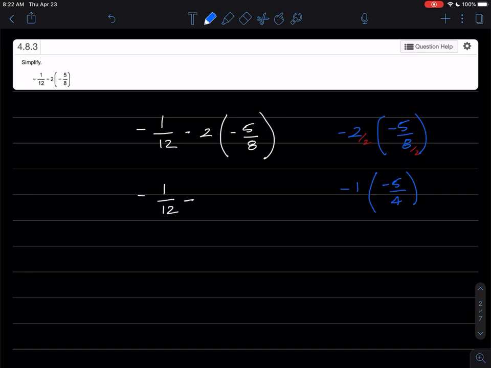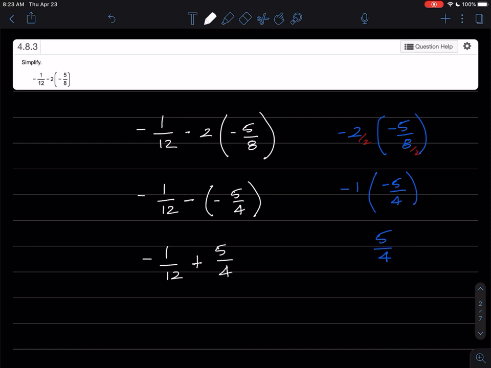Well, the two negatives will give me a positive when we multiply, so we'll end up with 5/4. So this will be minus -5/4. So subtracting a negative would be the same as adding. So we get plus 5/4.